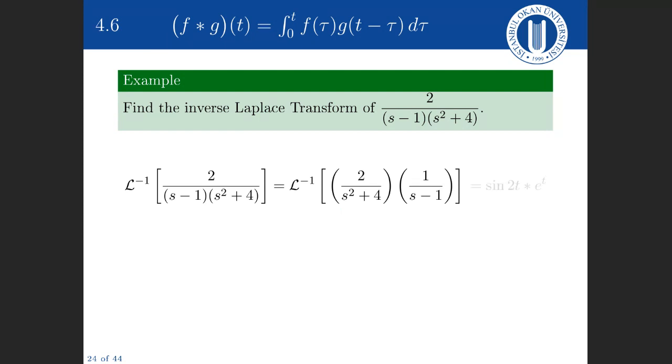I know that one. That's just sine 2t convoluted with e to the t. And I'm just going to leave the answer like this. Or I could write it as an integral if I wanted to.